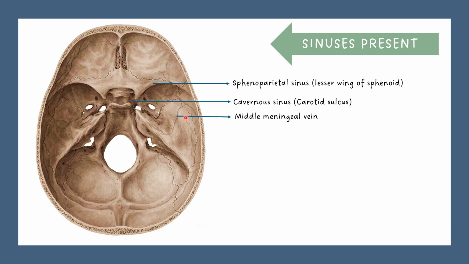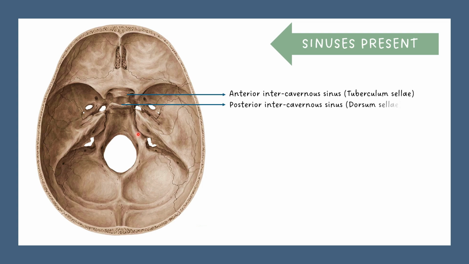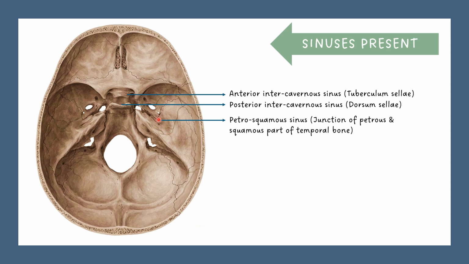We have the middle meningeal vein in the floor of this middle cranial fossa, and superior petrosal sinus along the superior border of the petrous temporal bone. We have the anterior intercavernous sinus at the tuberculum sellae, the posterior intercavernous sinus at the dorsum sellae, and the petrosquamous sinus at the junction of the petrous and squamous part of temporal bone.